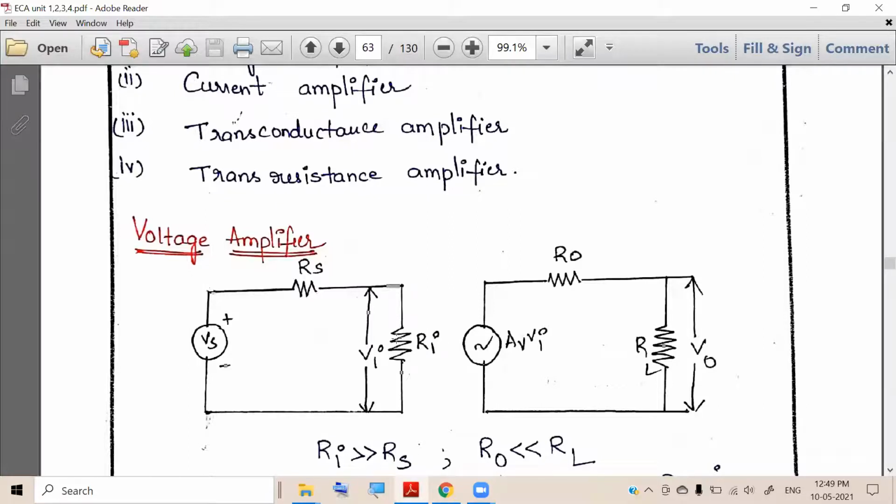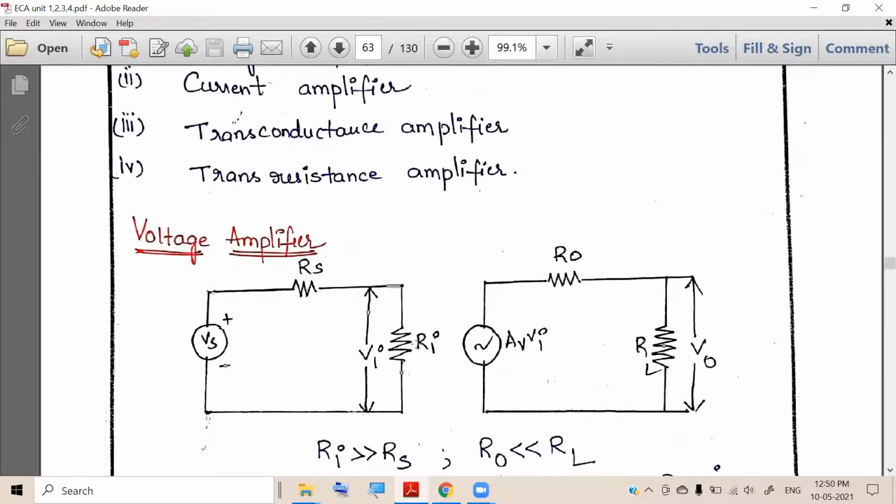What will be the voltage here? Same Ohm's law. Current II is flowing into RS, so the voltage here is II into RS. The voltage here is II into RI.